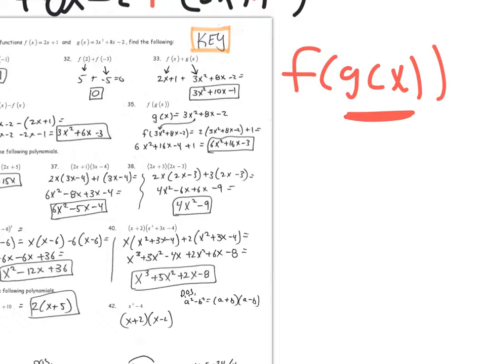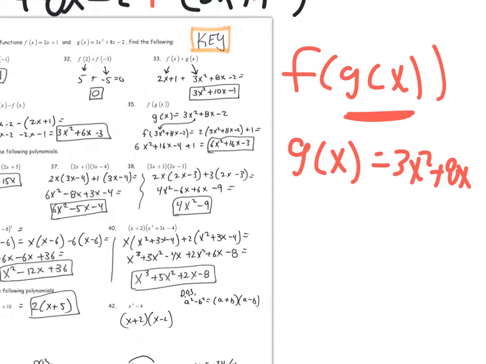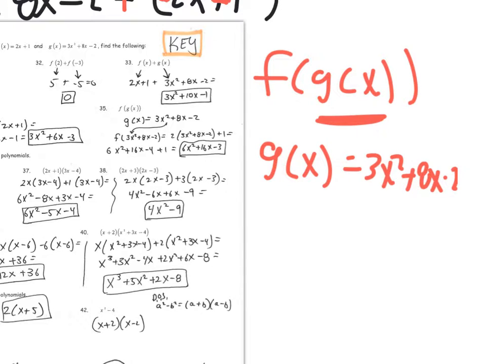And here it's all of x, so this first part is simply g of x, 3x squared plus 8x minus 2. Okay, and that then comes put in here, so now we have f of all of this.